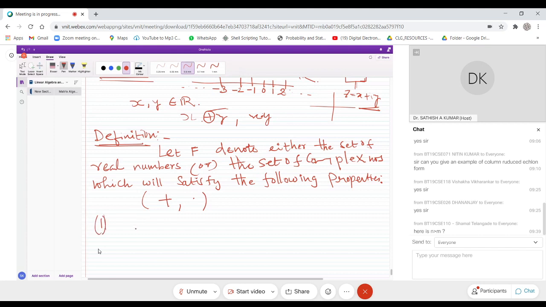First property: x plus y is always the same as y plus x. Any two numbers you take, this is always true. 1 plus 2 will be the same as 2 plus 1. That is true, right?